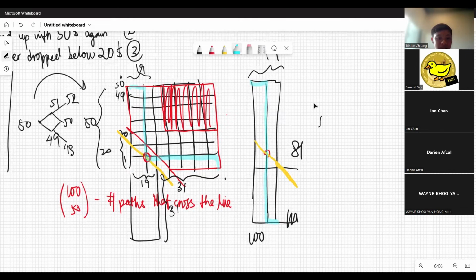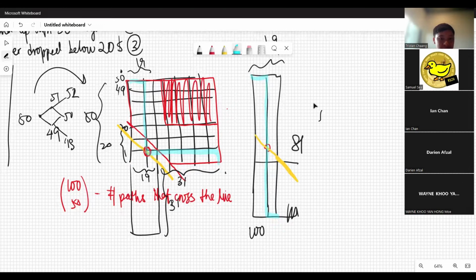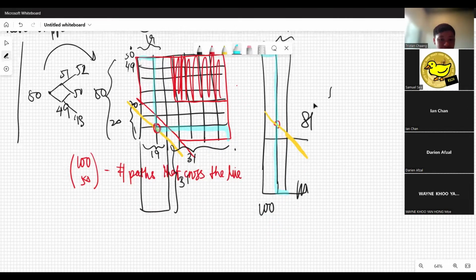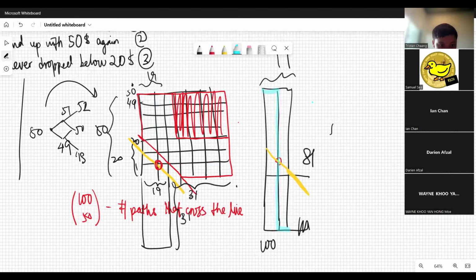So you mean, okay, I cannot really remove. There we go. Like this, let's say like that. Then again, I define it so that after I first touch the yellow line, I just reflect this.